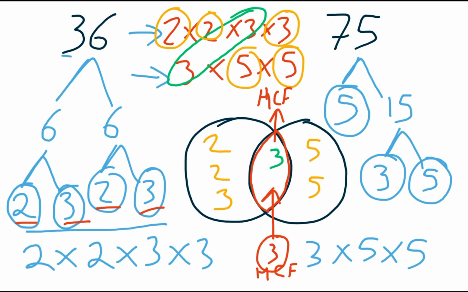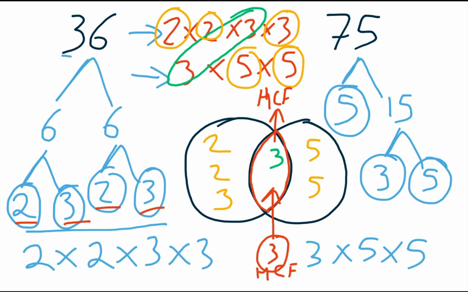We said the middle represents the highest common factor. This is what you should write in the exam, so it reminds you. If we multiply everything inside the Venn diagram, including the middle, so 2 times 2 times 3 times the middle 3 times 5 times 5, and multiply this out, it will give us the LCM of 36 and 75.